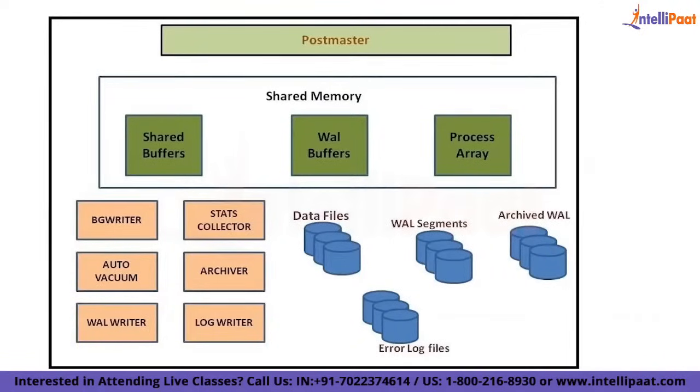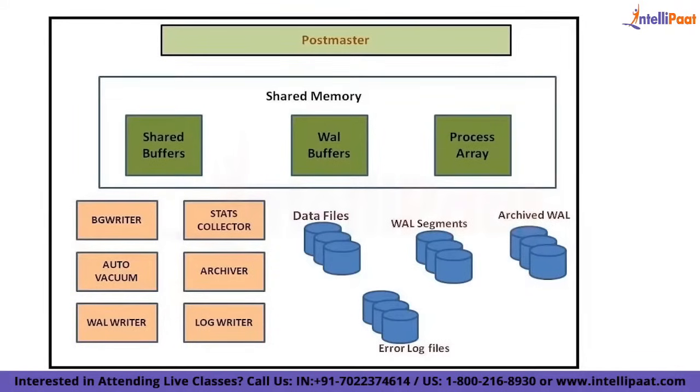When you initiate a connection, the first process which will take the connection is the Postmaster process. That is the initial process. When it comes to Oracle, you may be familiar with the listener process. I'm not that familiar with how the connection happens on the SQL Server side. The listener process is responsible for taking the incoming request and handing that request over to the server process.